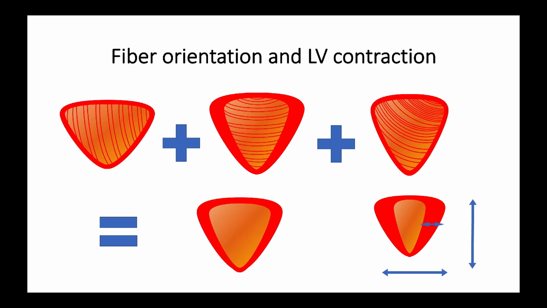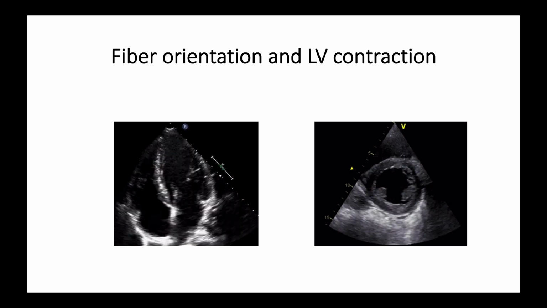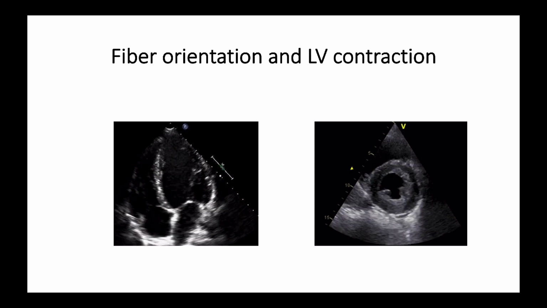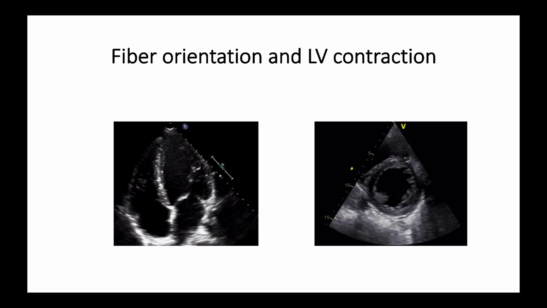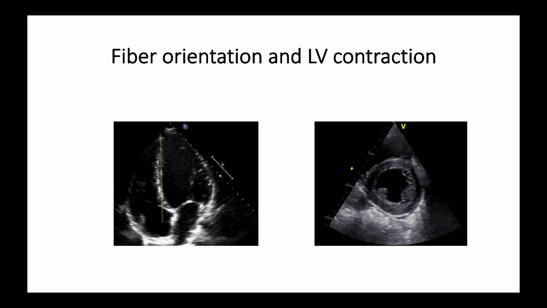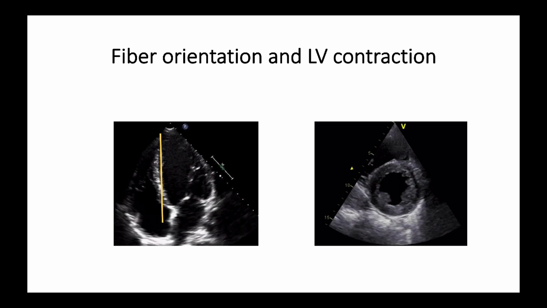You can appreciate these 3 deformation properties of the myocardium if you observe the left ventricle in these echocardiographic recordings. You can notice that the left ventricle thickens radially in relation to this vertical yellow line here.